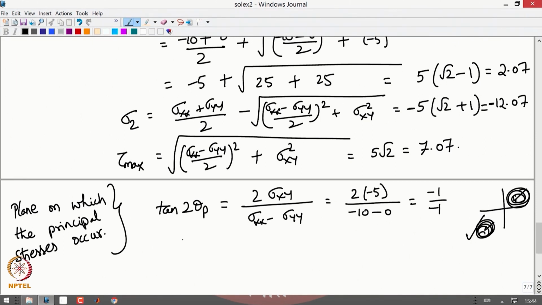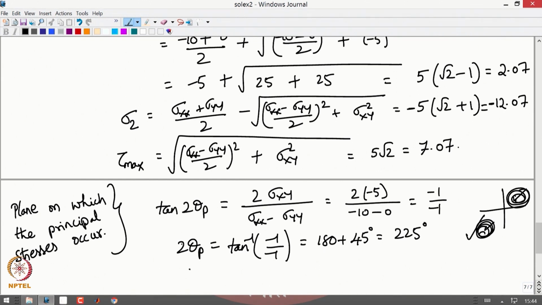So, this will imply 2 theta p is tan inverse of minus 1 by minus 1, which is nothing but 180 plus 45 degrees, that is 225 degrees.